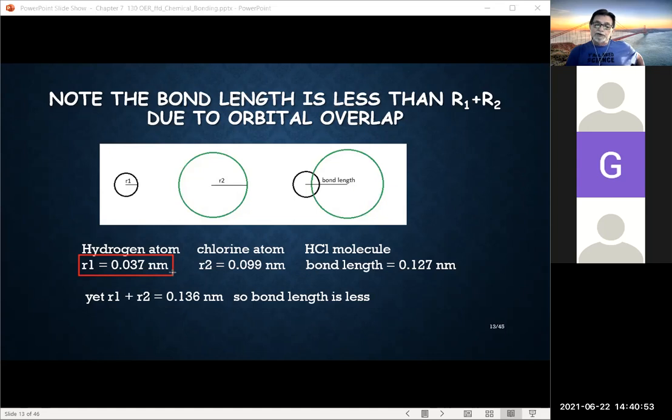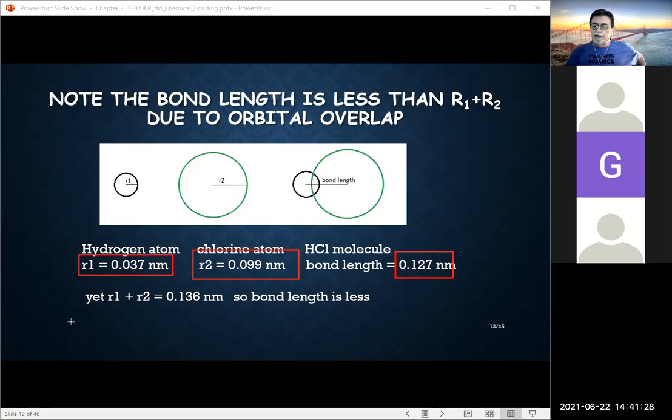Okay, so hydrogen atom has a diameter of roughly 0.037 nanometers, and the chlorine atom has 0.099 nanometers, very tiny. It was thought that when these two atoms got together, the new bond length they created would have a length of 0.127 nanometers, which is basically the sum of those two numbers, okay?